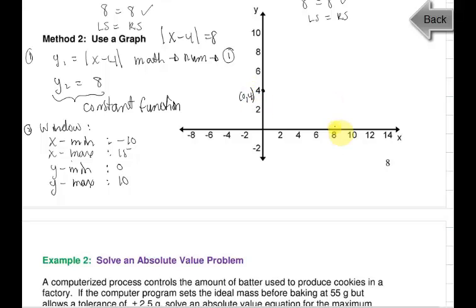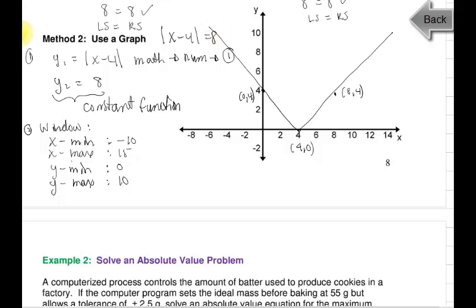You will find that you will have another point at (8, 4), and of course your vertex is going to be at (4, 0), and so you can graph that in like this.